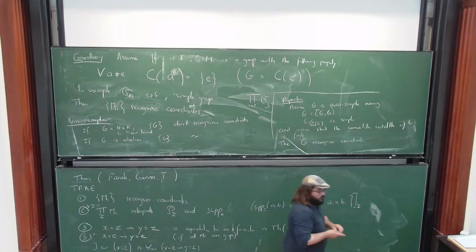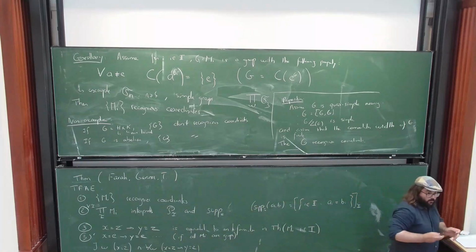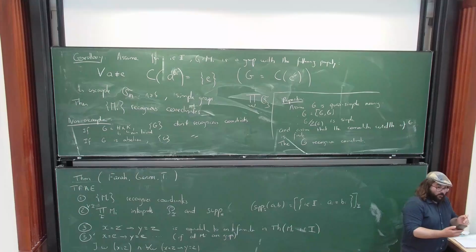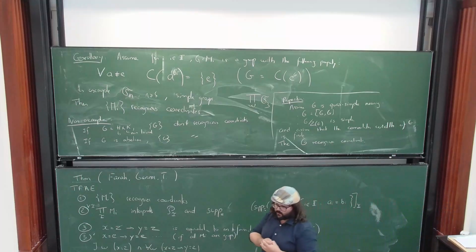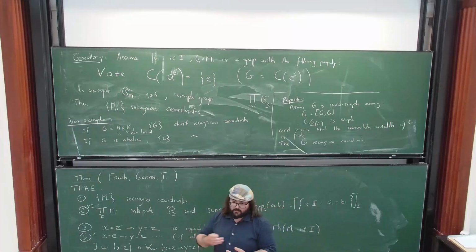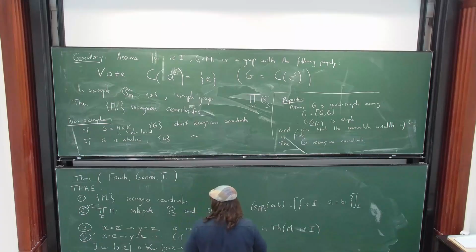How much time do I have? Like 10-ish minutes. So I can talk about the second part of the story, because here we haven't finished the story. We don't know what is definable on a product of S3. But we know something.